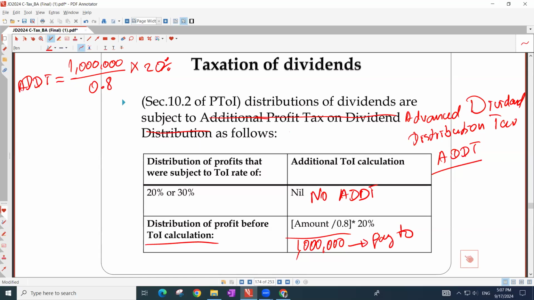Because the amount that we pay is equal to 80%. So the income tax base should be based on 100% income, which means income before deducting tax. So how much is the gross income?